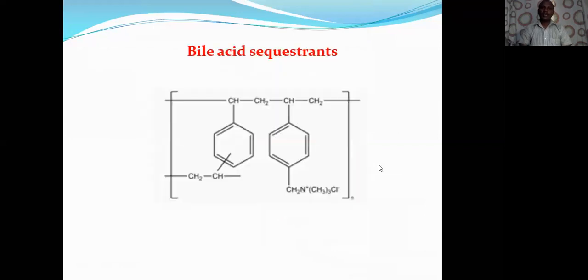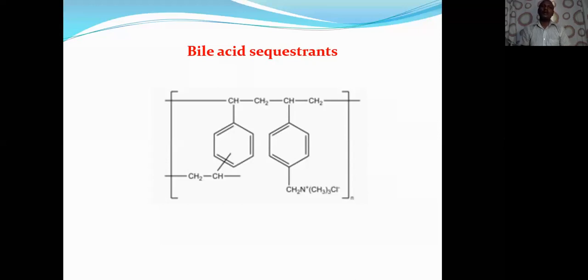Your next is bile acid sequestrants. Bile acids, these are resins actually, nitrogen containing compounds. We know that cholesterol is metabolized in the liver and excreted to the intestine. How is cholesterol metabolized?